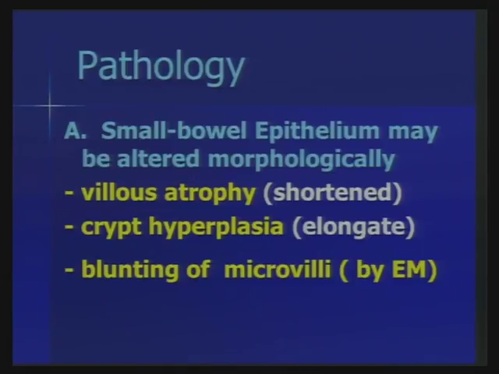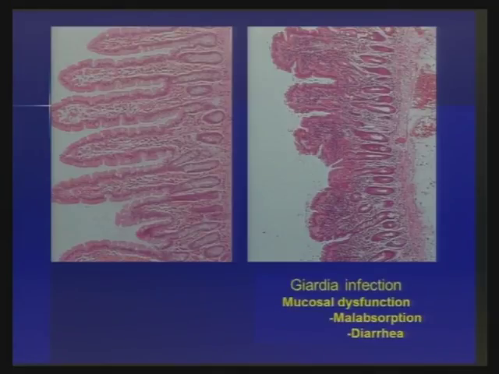And look at the EM in these pictures. You can tell the normal villi from the one caused by Giardia infection. So they cause mucosal dysfunction, shortened villi, and malabsorption. And of course, take a look at the picture, you can imagine diarrhea can occur.